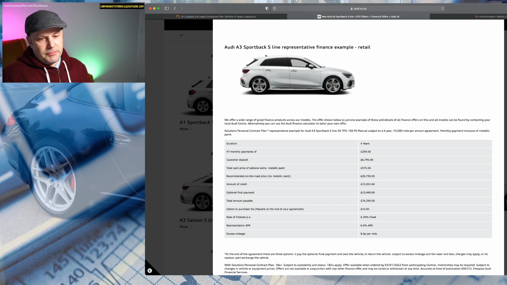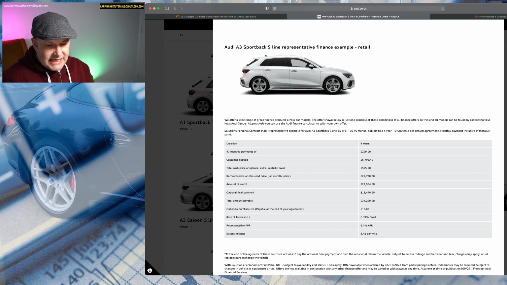What you've got to remember with a PCP is that it isn't a lease. People sometimes think a PCP is a lease. It's not. It's just a loan. It's a HP agreement, if you like, secured on the car with, in this case, 47 small payments and a big payment at the end. So if you pay that guaranteed amount at the end, you own the car.